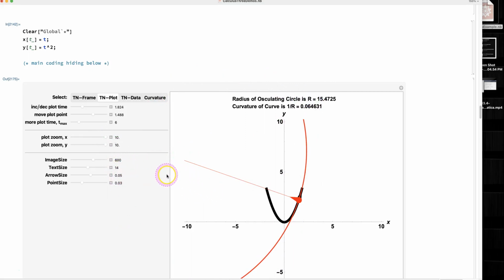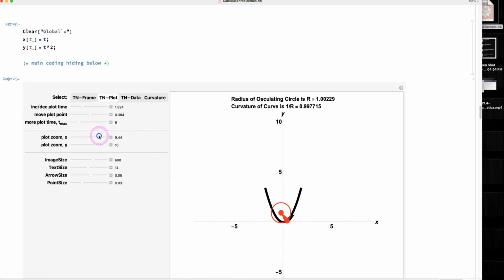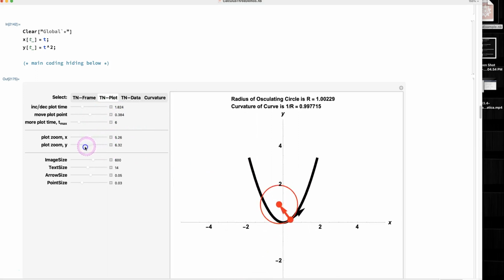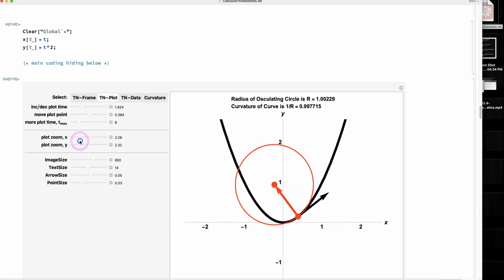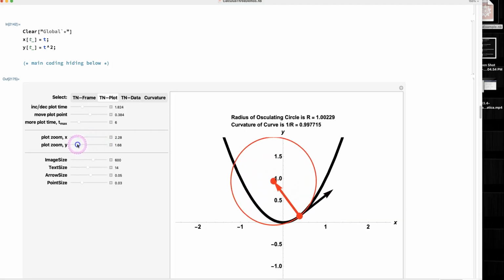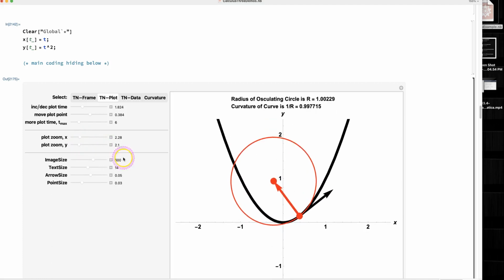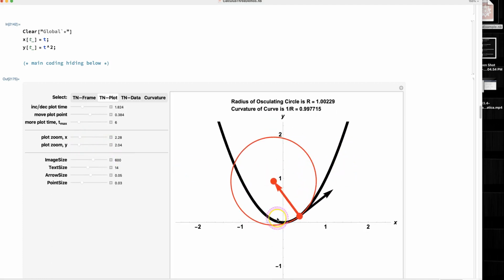Okay, so this is a mechanical way that you can find the curvature, and that is to basically look at your curve and try to draw a circle that nicely matches the function. This is called the tangent circle or the osculating circle. It's like the tangent line, except it's a circle that curves to match the function.